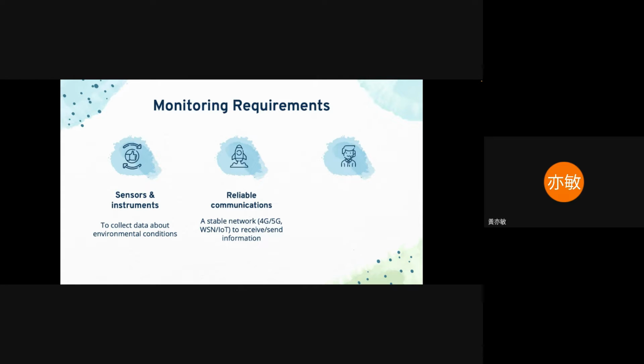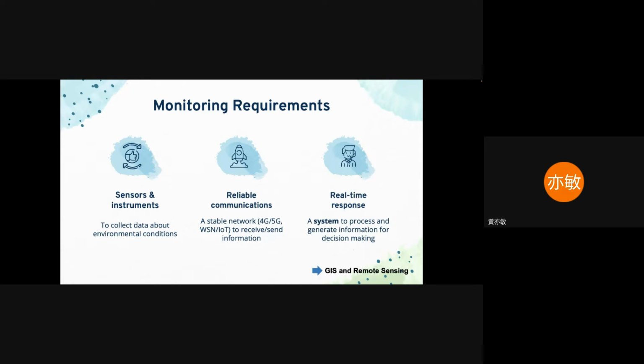But in between, we need to rely on stable communications. You can use the 4G or 5G cell phone network, which is the most convenient one on hand. Or we can consider different networks like WSN or the Internet of Things, which we will discuss later in the presentation. So we want to receive and send the information from the site to some destination where we can make a decision.